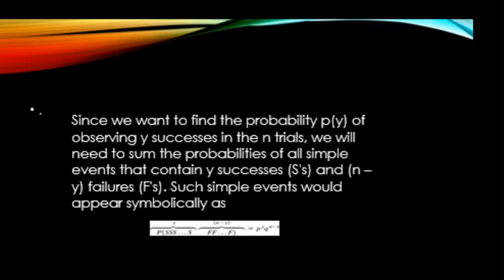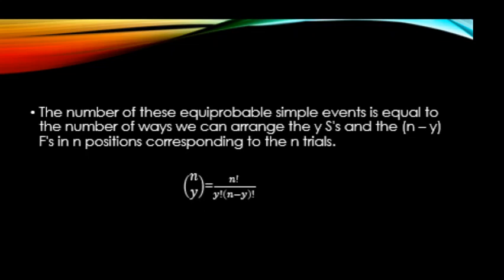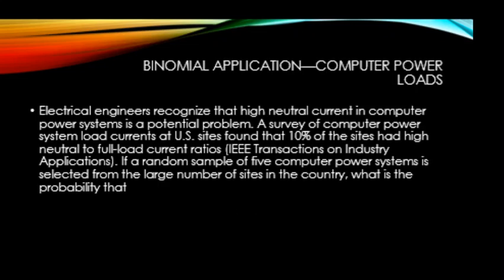So p raised to y and q raised to n minus y, where p is the probability of success and q is the probability of failure. Okay, and this gives us the number of combinations, n choose y, which is n factorial divided by y factorial times n minus y factorial. Putting this together, we have our formula for finding the probability of y successes in n trials.